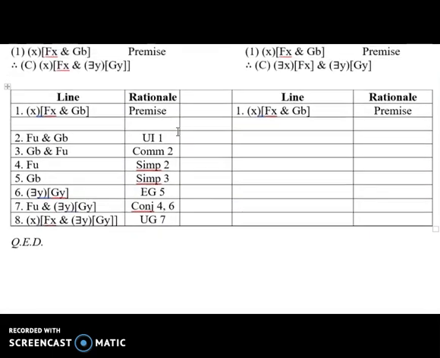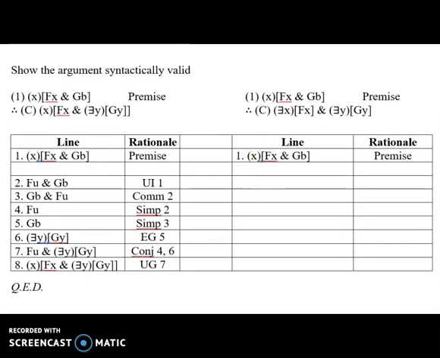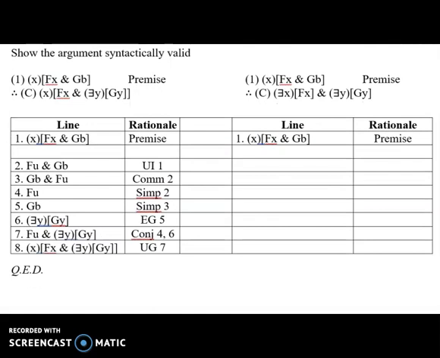So if we go back up here and look at the solution, you'll see that a lot of these kinds of things occurred. This was already a B from the premise. That's really nice. So I can just leave that, universally instantiate this, and I get down to this guy. But I need to get that GB existentially generalized, but existential generalization is a rule of inference, not replacement.